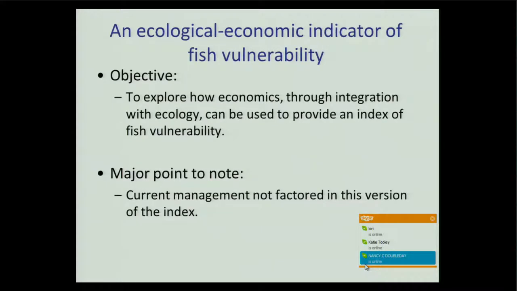Now, let's go into the second part of my talk, which is what we set out to do, me and William Chang. So here we set out to develop an ecological economic indicator for fish vulnerability.